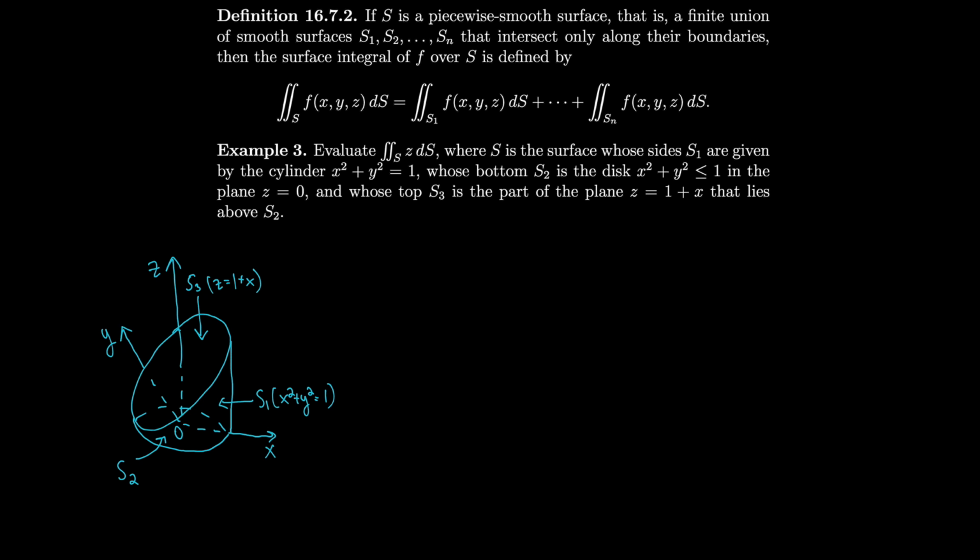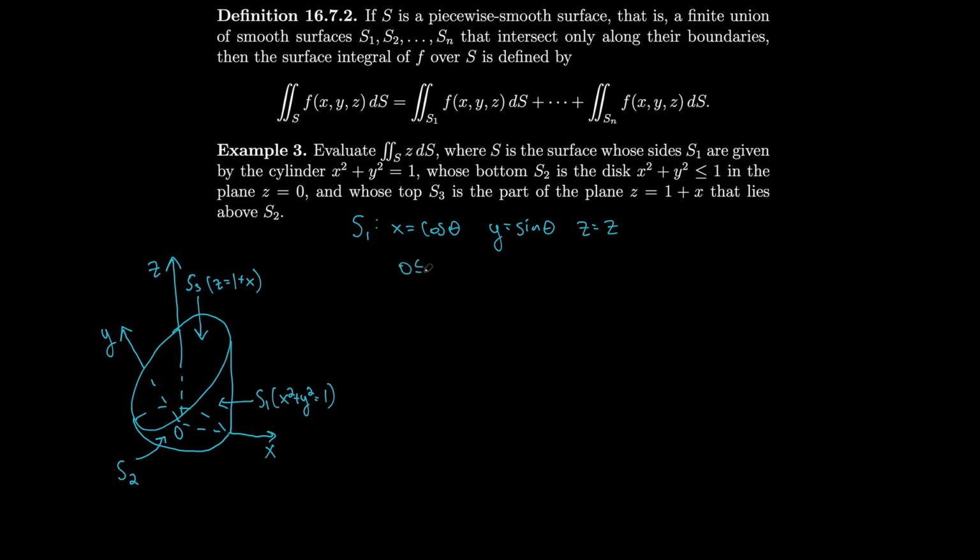So how about for S1, we need to parameterize that. But we did that parameterization already in section 16.6. That was our cylinder. We did it in example 5. So we said x is equal to cosine theta for a cylinder, y is equal to sine theta, and we just let z equal z. So our parameters were theta and z.